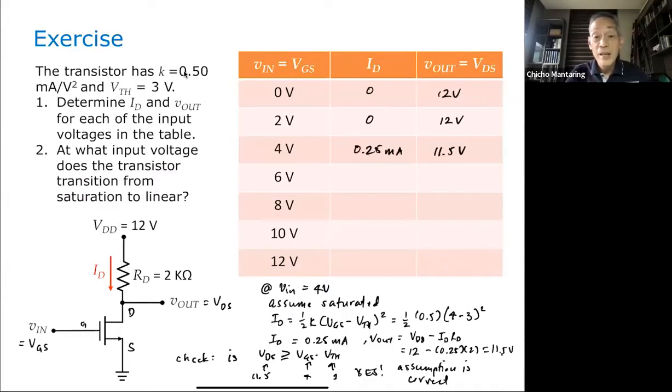Okay? Nasundan nyo? Okay. Can I ask you, no? Para lang ma-exercise kayo, can I ask you to do the next one? I'll give you several minutes. Try to do the next one. What is the value of ID and Vout for Vin equal to 6 volts?